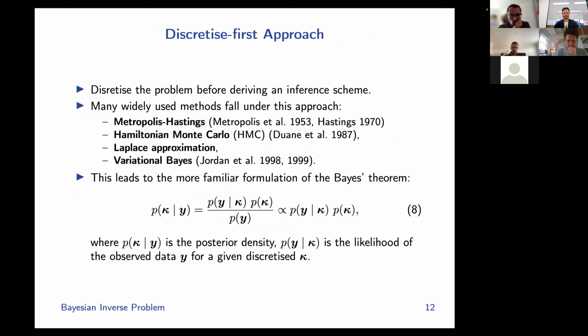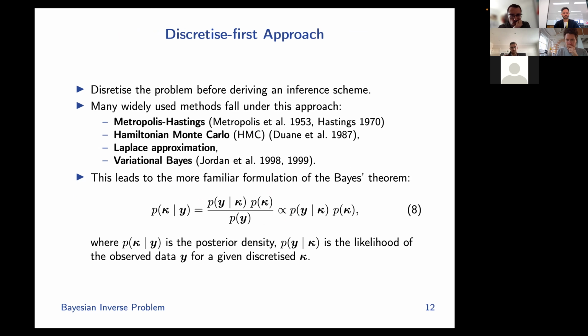In terms of the discretize-first approach, this is more familiar to all of us. We basically discretize what we are interested in, the κ, and then we follow one of the usual approaches.